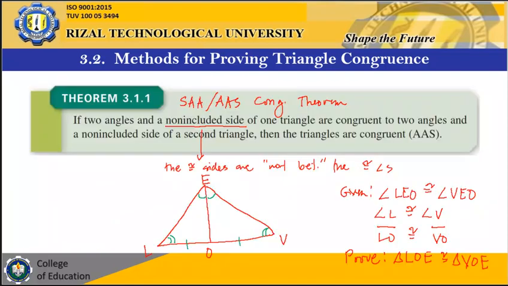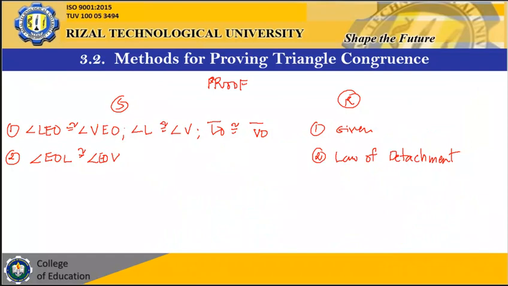And since this angle is already congruent to this angle, we can say that segment EO is congruent to itself by the reflexive property of congruency.